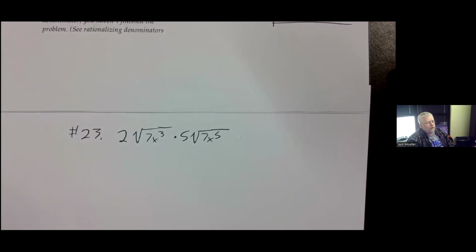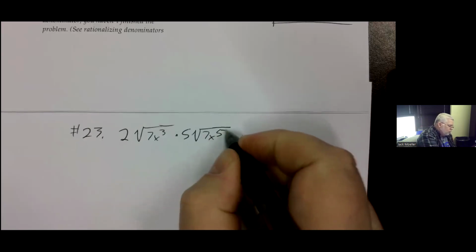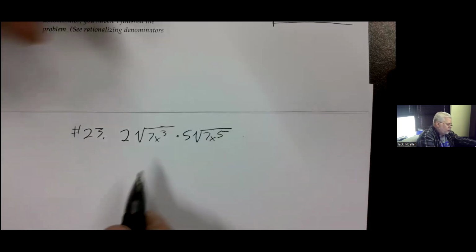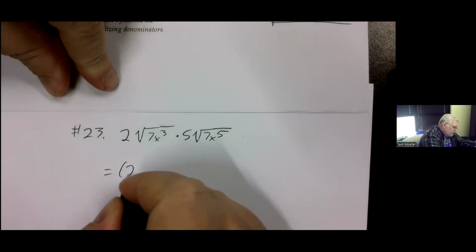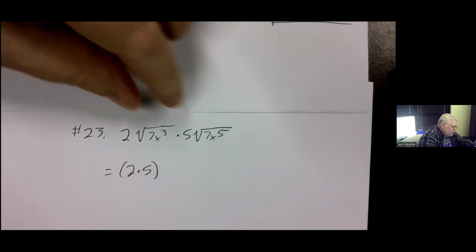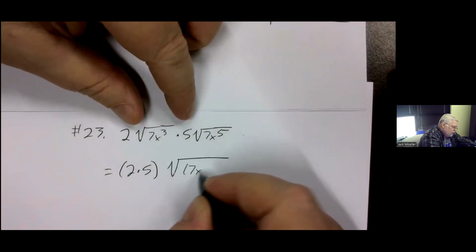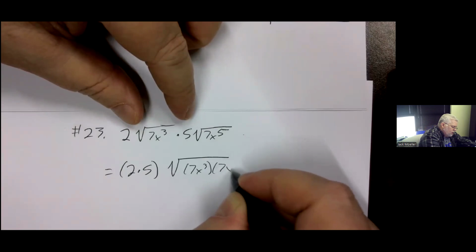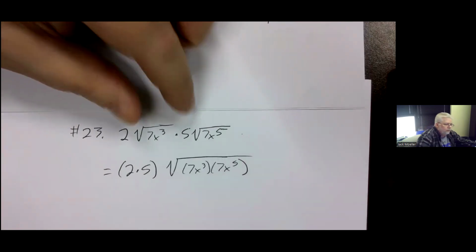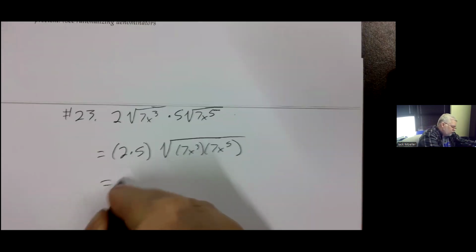We have 2 square root of 7x cubed times 5 square root of 7x to the 5th. When you're multiplying radicals, you multiply outside with outside. So we're going to do 2 times 5. And then we're going to do inside with inside. So inside the square root, we're going to have 7x cubed times 7x to the 5th. Okay, so outside we have 10.